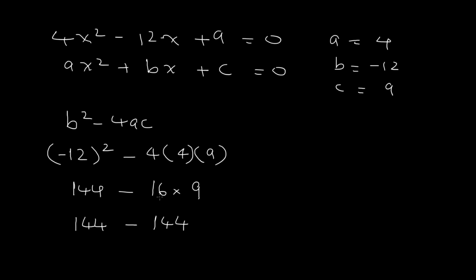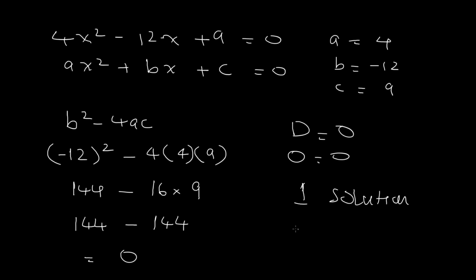So that's 16, 16, 16, that's 48. 48 times 3 gives us this one. So it's equal to 0. So we say 0 equals 0, meaning that here we have one solution based on what we looked at, okay? Because we are saying that D is equal to 0, right?